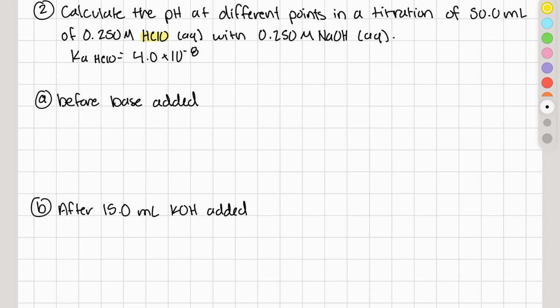So I know we have an analyte of HClO, so this is what's in my flask, and it's being titrated with NaOH. It's important to note that HClO is a weak acid. So now we have a weak acid being titrated with a strong base. This is a strong base here.